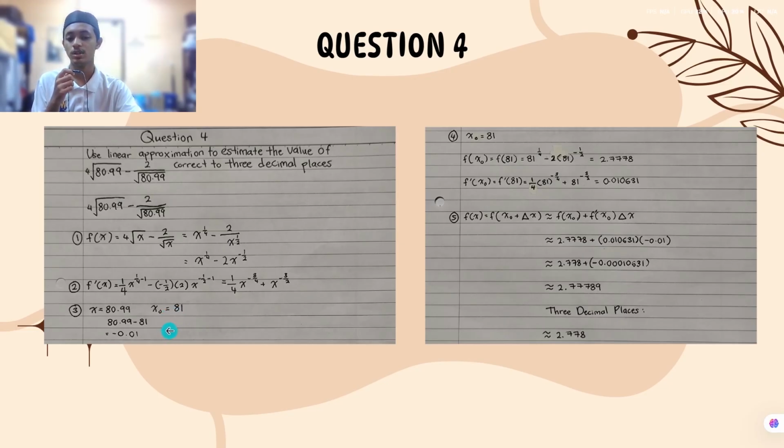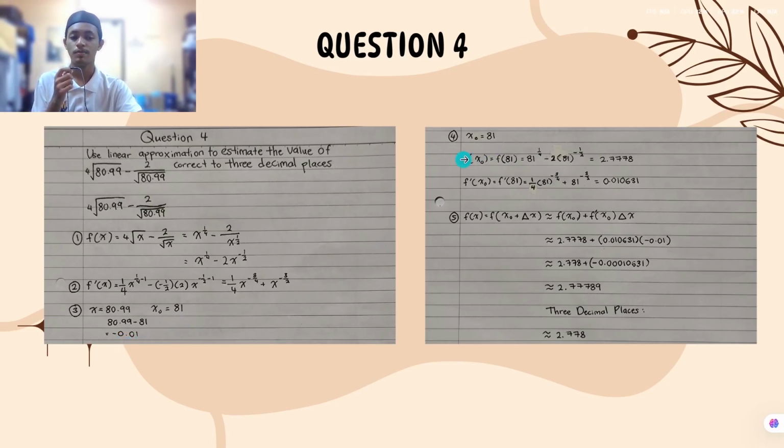The first is that it is closest to x, and the second is that it can fit under the root in the equation without being a decimal or a fractional number. And then we subtract x from x naught, and then we will have negative 0.01.